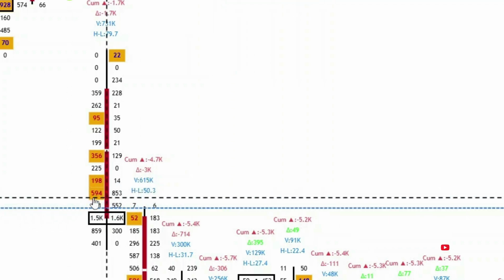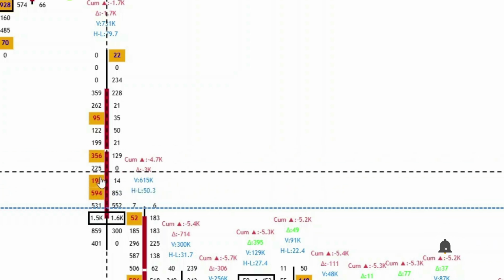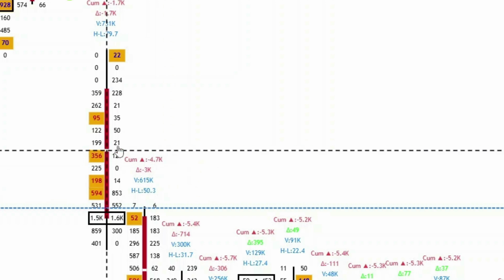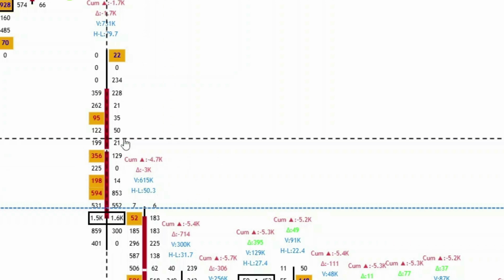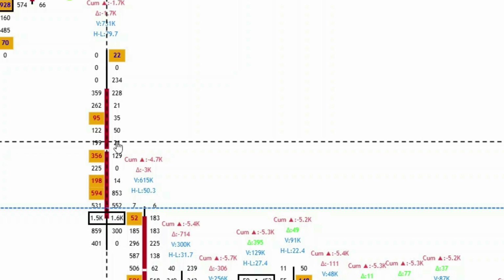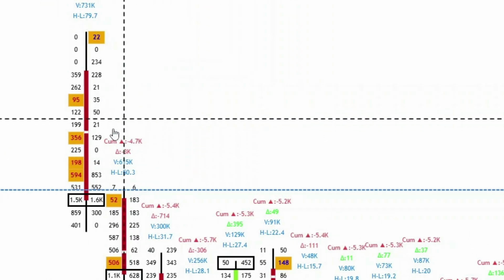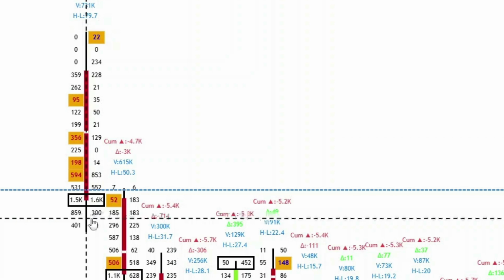Like if I have to point out here, 594 sellers against 14 buyers, 198 sellers against 0 buyers, 356 sellers against 21 buyers. So you always look diagonally, from the left one step down to one step further on the right side. Now when a price closes below this imbalance, it says these market sellers are very successful in pushing the prices downside.